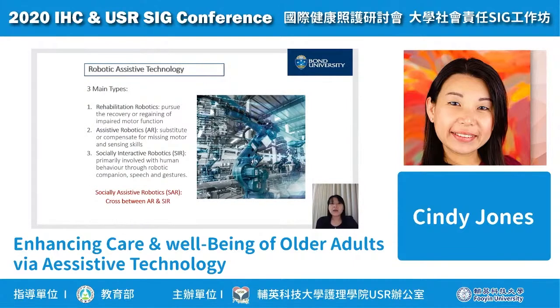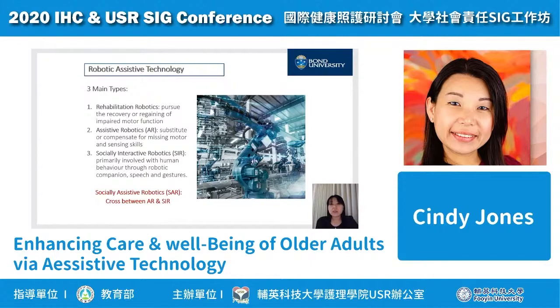Now, when it comes to robotic assistive technology in healthcare, there are three main types of robotics which are worth mentioning. The three main types are rehabilitation robotics, assistive robotics, and socially interactive robotics. The first type, rehabilitation robotics, really focuses on the recovery or regaining of impaired motor function.